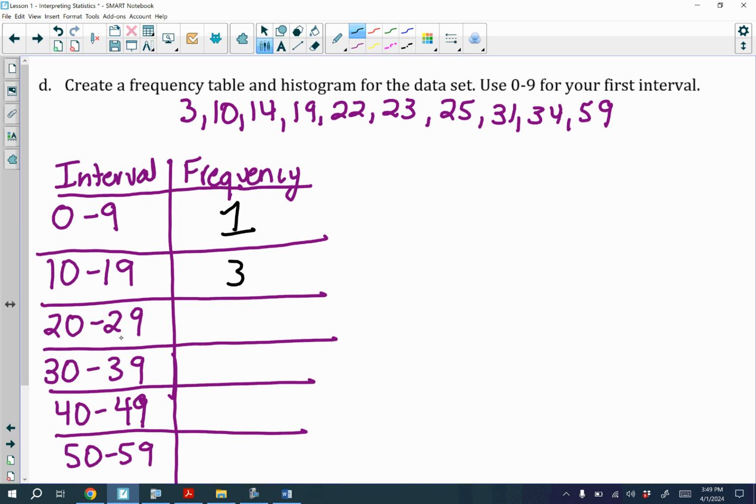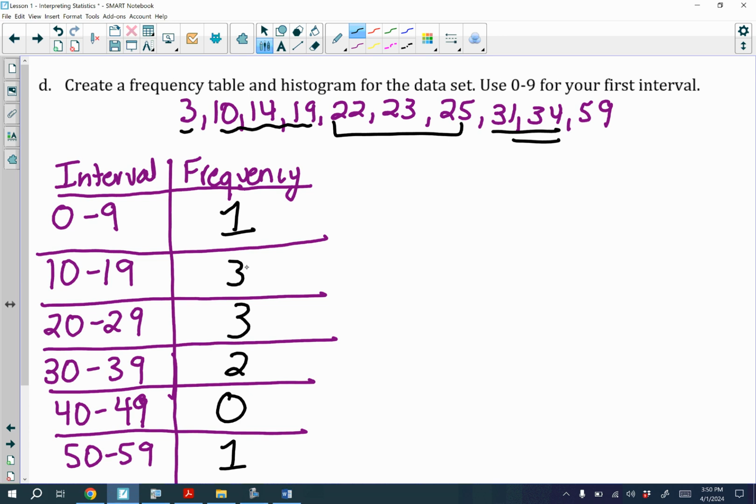Then 20 to 29, that's going to be 1, 2, 3 again. Then 30 to 39, that's going to be 2 values, the 31 and 34, so that's 2. Notice we don't have any 40 to 49, so that's 0. And then our last number, there's just one of those.